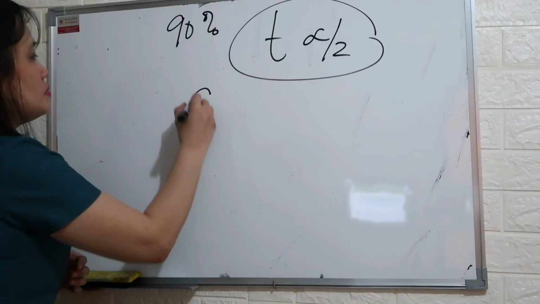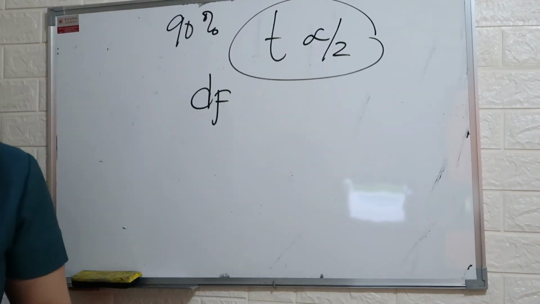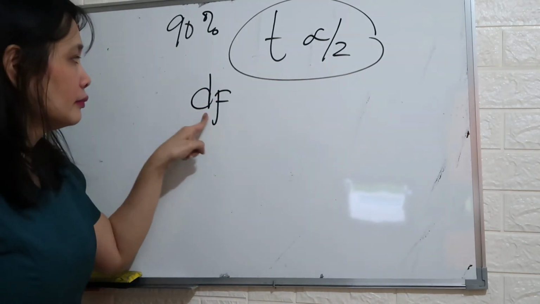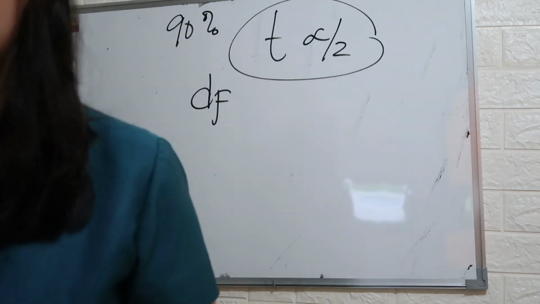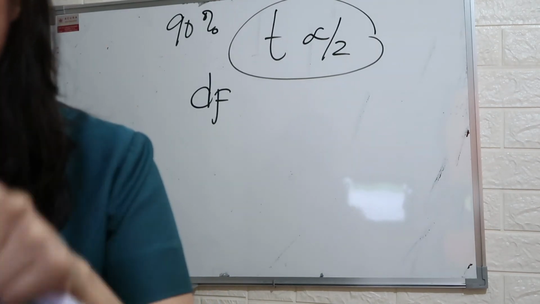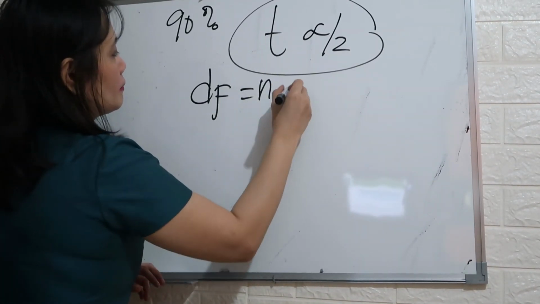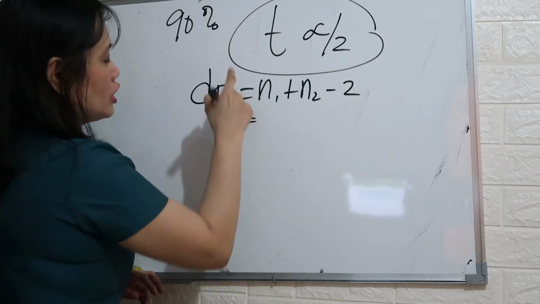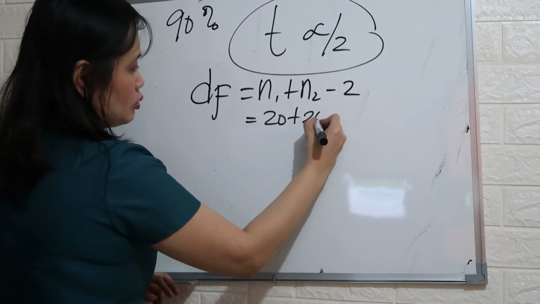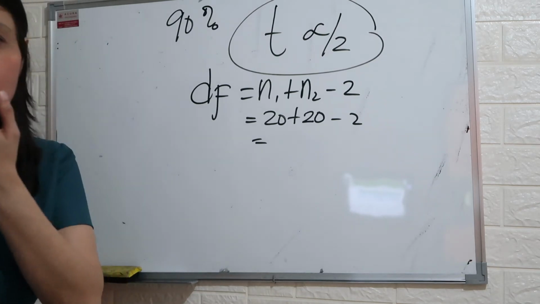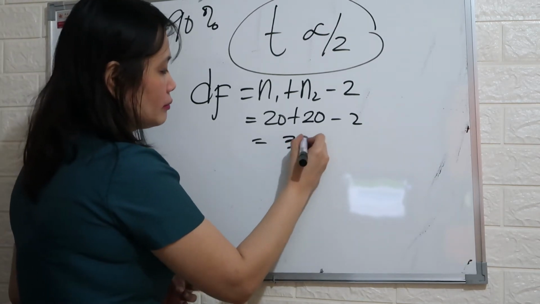First, determine the degree of freedom. Paano ba kunin yung degree of freedom? It is N sub 1 plus N sub 2 minus 2. So your N sub 1 is 20, plus 20, minus 2. What will be your degree of freedom? 38.